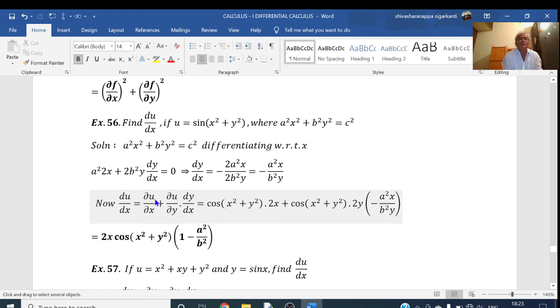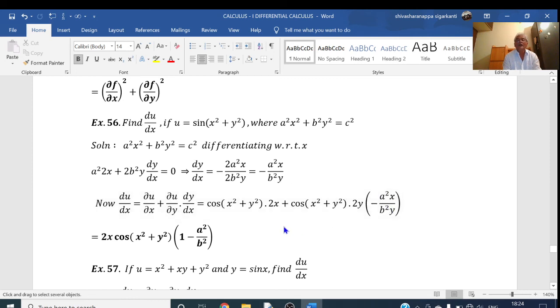Just we put the values. ∂u/∂x: here u is given, sin of x square plus y square. ∂u/∂x is nothing but cos of x square plus y square into the derivative of x square plus y square, which is 2x, plus ∂u/∂y. Sin derivative is cos of x square plus y square into the derivative of x square plus y square, which is 2y, into dy by dx. Dy by dx we already got: minus a square x divided by b square y.